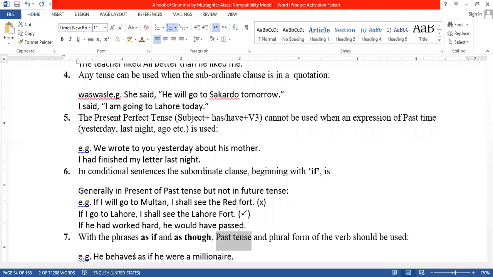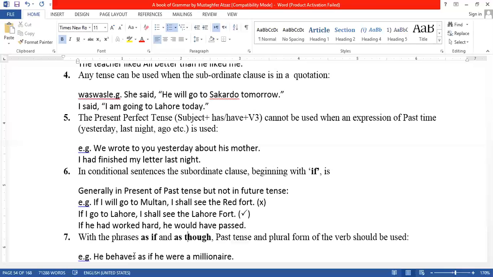But it cannot be was because there is another condition, that is plural form. So if it is the be form, then it should always be were, right? According to this rule, if we have as if or as though, you should take care that it should be in past tense and in its plural form.